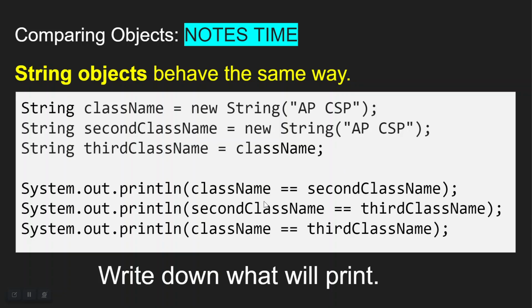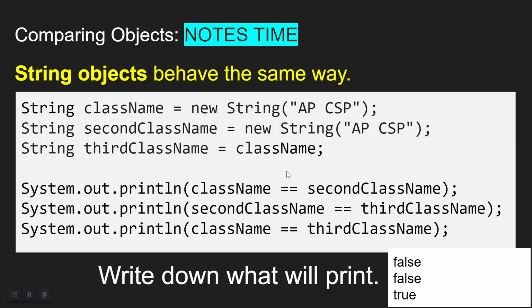No, it is not. We would expect that to be false. And then if we print secondClassName equals equals thirdClassName, is secondClassName an alias of thirdClassName? It is not. So we would expect that to print false. And then if we print className equals equals thirdClassName, now className actually is an alias of thirdClassName because of this line of code right here. So when we print this, we would get true. So this would print false, false, true.